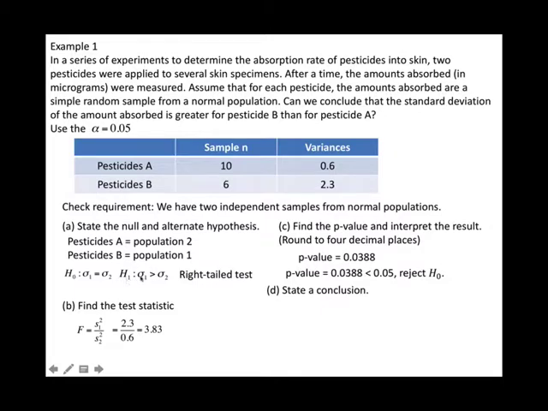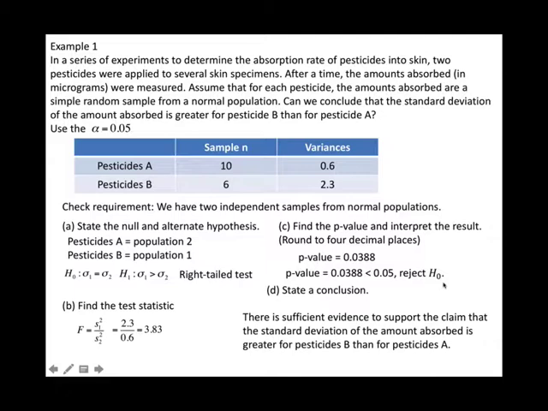First, the alternate hypothesis is greater than. So we're going to use number 1 or number 2 conclusion. And then we have a reject. So we're going to use number 1. So there is sufficient evidence to support the claim that, and then you're going to copy this claim statement: the standard deviation of the amount absorbed is greater for pesticide B than for pesticide A.